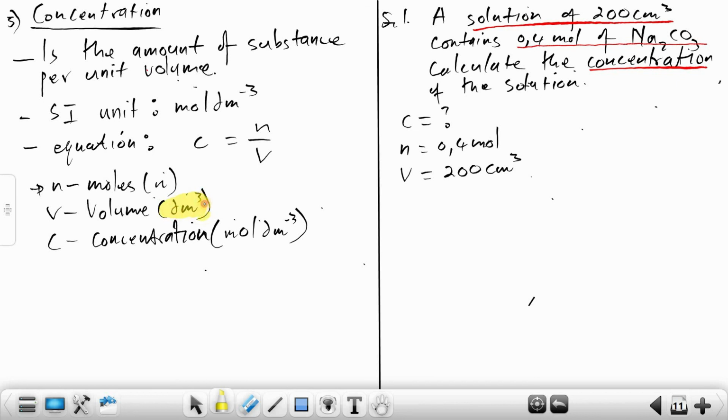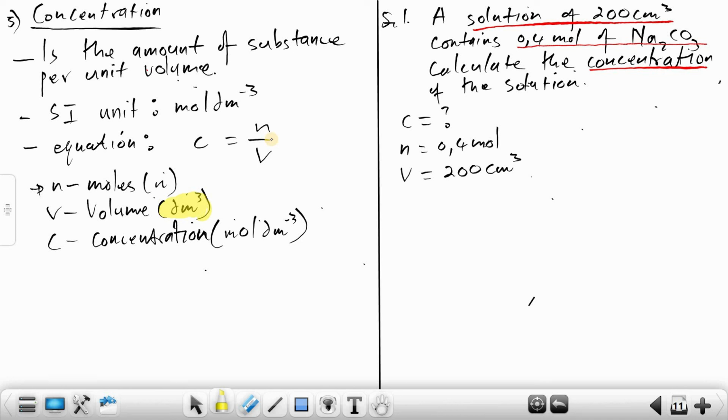Fine. This seems to be easy, but there's a key thing that I need to understand. What is that? My volume must always be in decimeter cubed. If it's not in decimeter cubed, then I cannot use this equation C is equals to N over V. I cannot. So for me to use this, it's important that the SI unit for the volume must be in decimeter cubed.